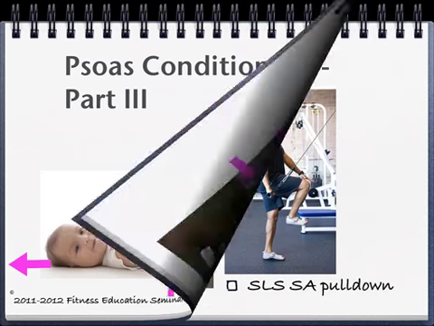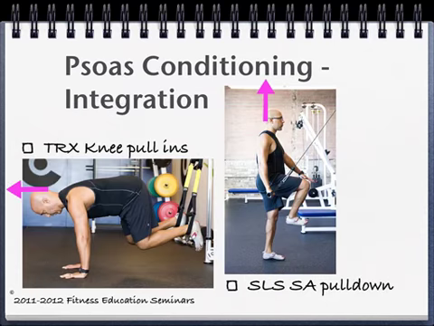Once we've conditioned this position, now we're going to go on to our higher level patterns like the TRX and knee pull-ins, and you can do this on a slide board over top of ball, and the single leg stance where you incorporate both the stabilization function of the stance leg and the hip flexion function of the psoas on the moving leg, and you're able to activate the oblique chains, both the posterior oblique chain if you're pulling down, and you actually get a little bit of anterior oblique chain if you do contralateral shoulder flexion as I'm doing in this image.